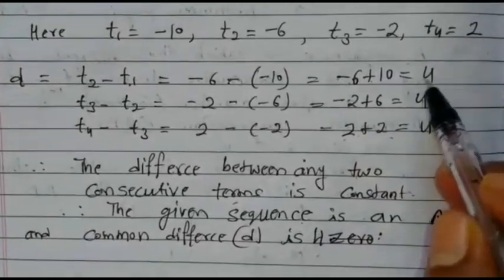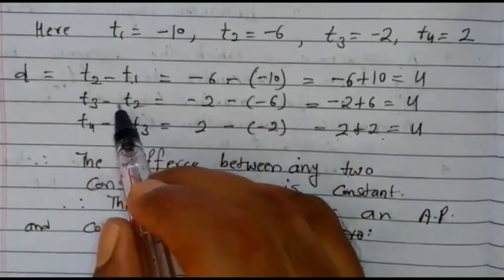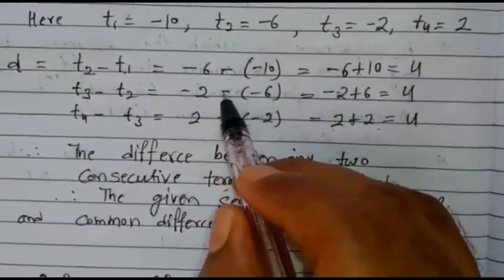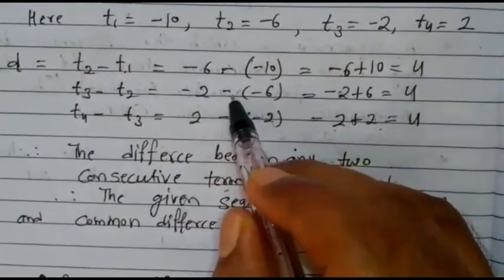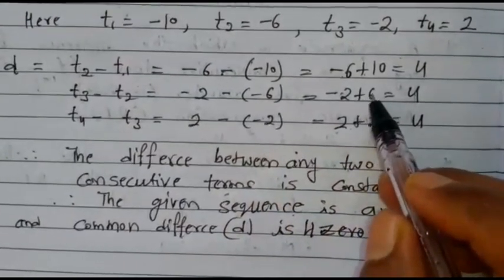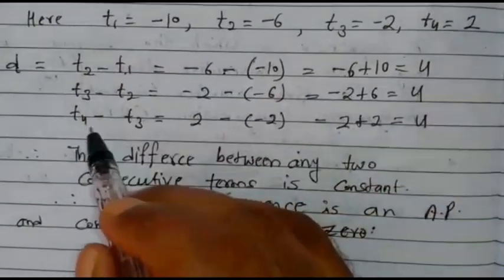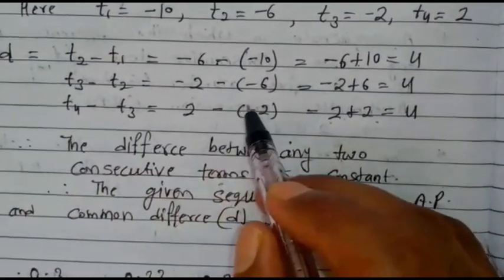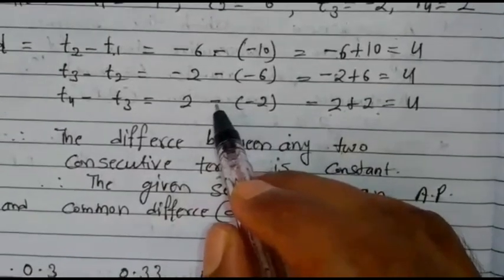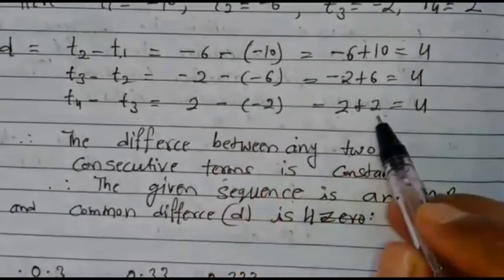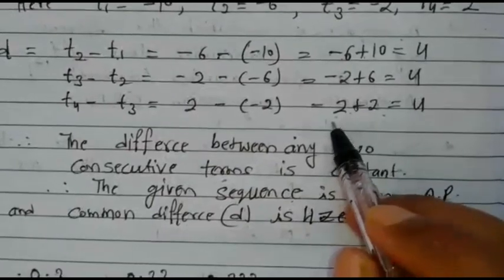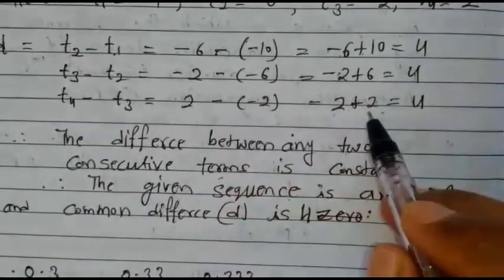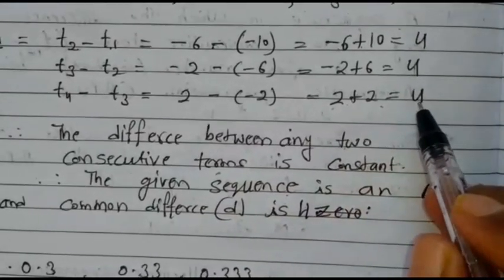Similarly, find t3 minus t2. t3 is minus 2, and we write minus 6 in the bracket. Minus minus is plus 6. 6 minus 2 is 4. Again t4 minus t3: t4 is 2, minus of minus 2 is plus 2, so 2 plus 2 is again 4.